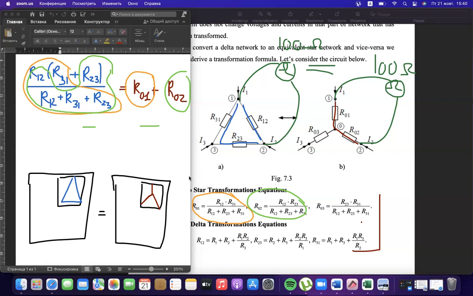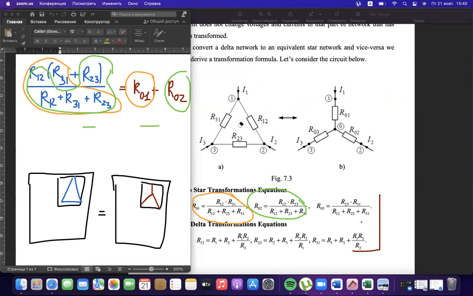Just imagine that you are taking this star and triangle as separate parts of the circle. You are taking this triangle without any additional connections, without any other values, just a single star.